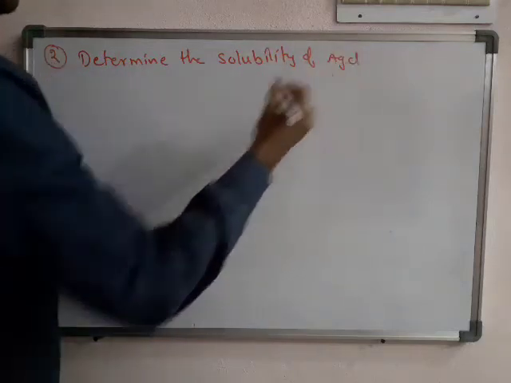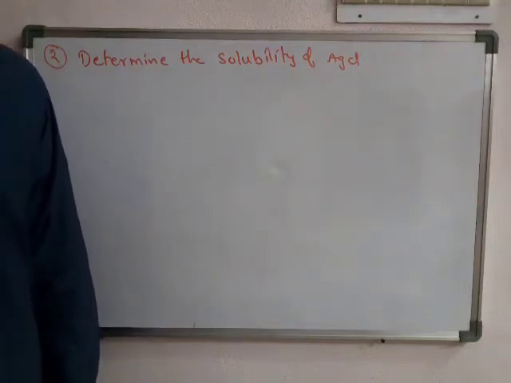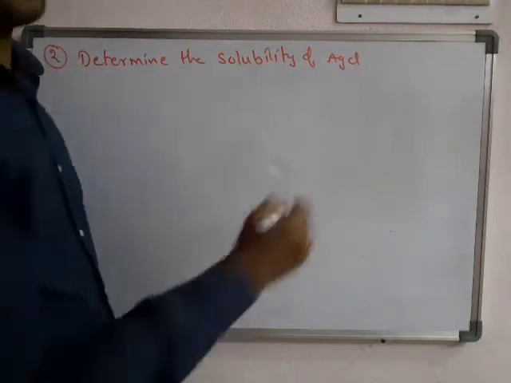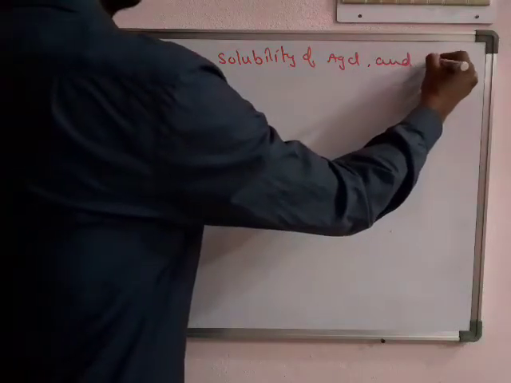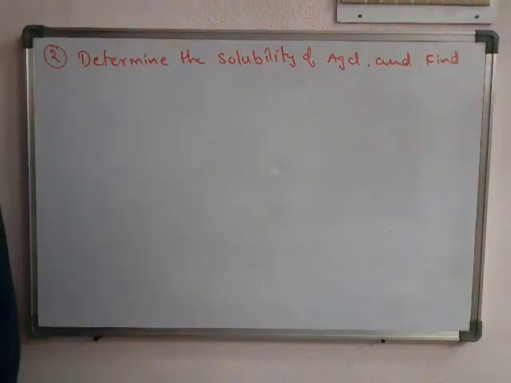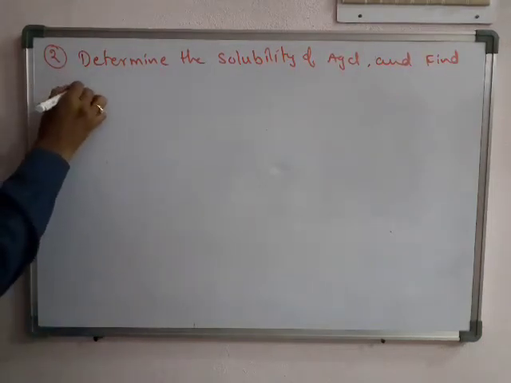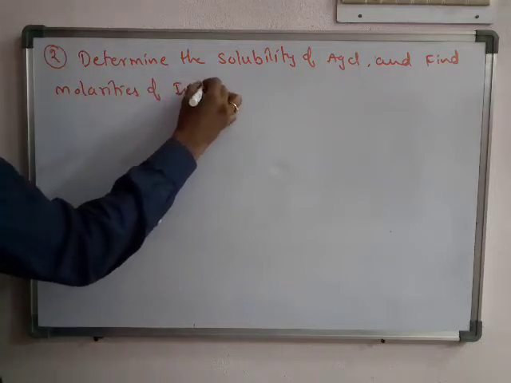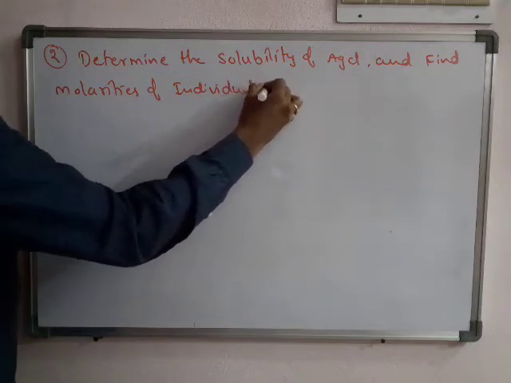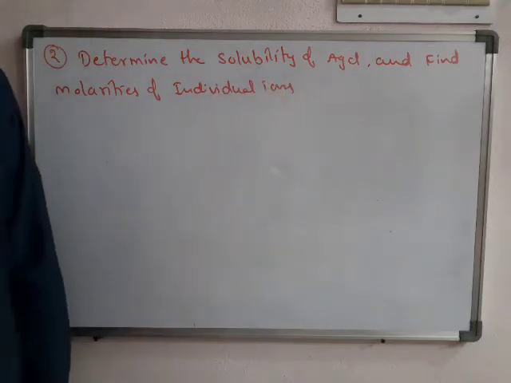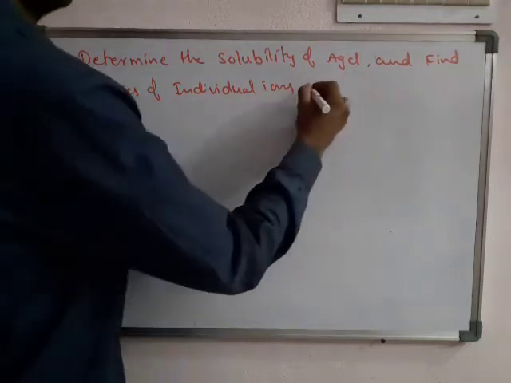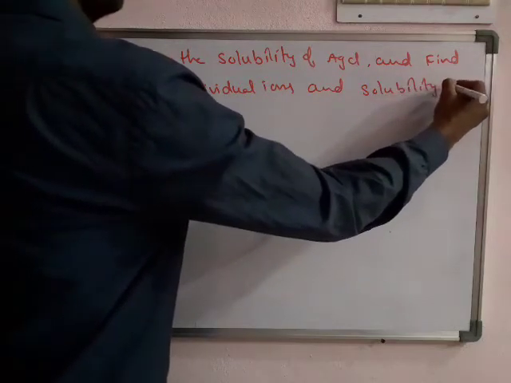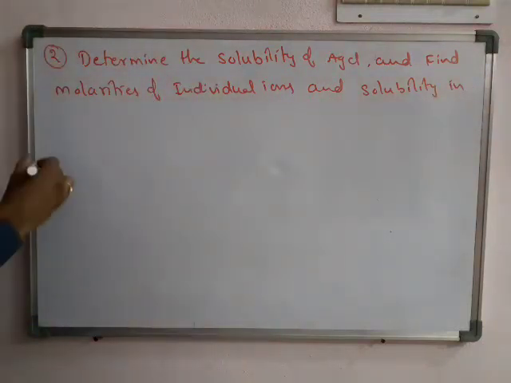Determine the solubility of silver chloride salt, and find the molarities of individual ions and the solubility in grams per liter.